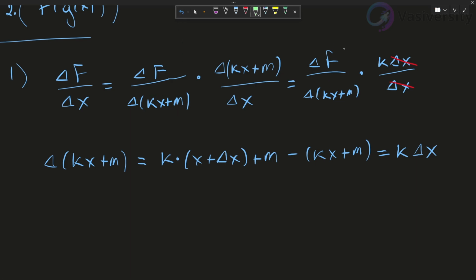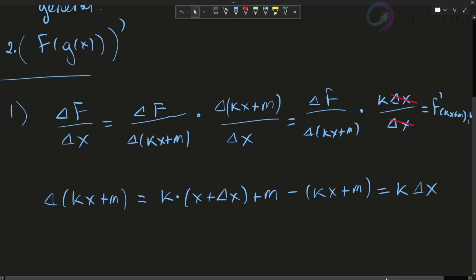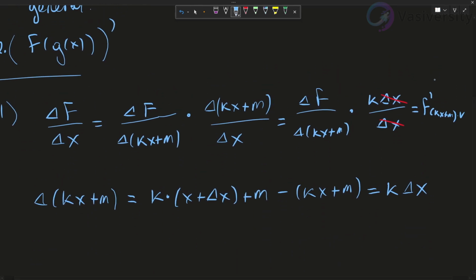So we're taking a derivative with respect to this entire thing, not exactly x, and then multiplying by the constant. That would be f prime in general, but instead of x we write kx plus m, times k.